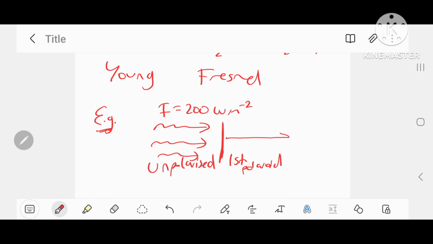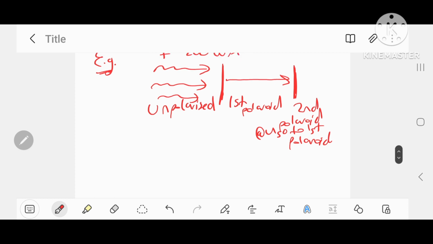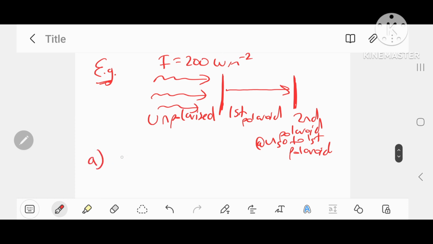And then only a specific component of that light passes through, and then it hits a second Polaroid. And this second Polaroid is at 45 degrees to the first Polaroid, along the axis of the first filter. Okay, and we're going to assume that the polarizing filters are perfect polarizers. Let's suppose we need to find the intensity of light passing through the first filter.